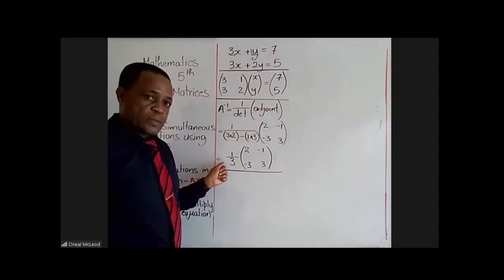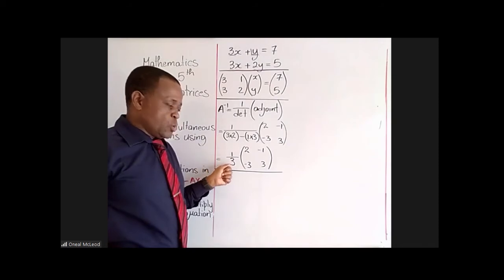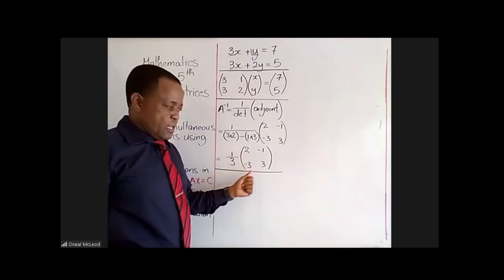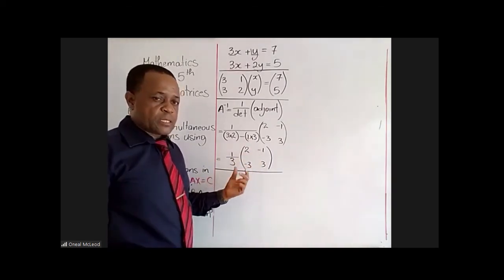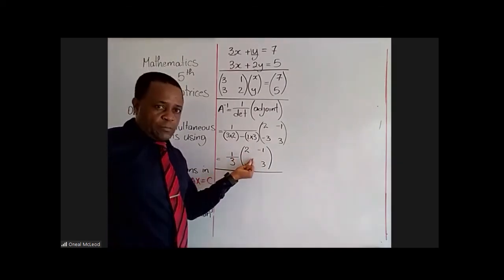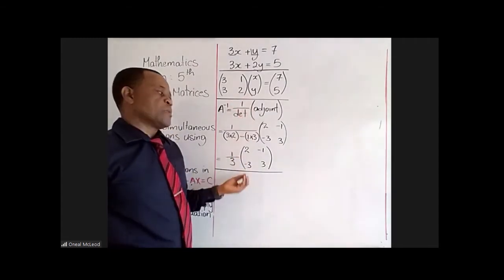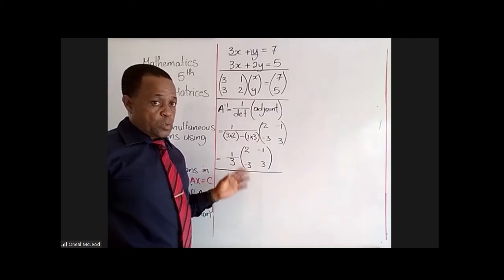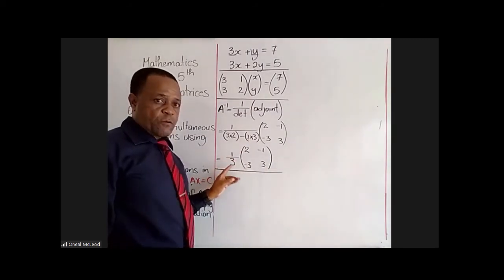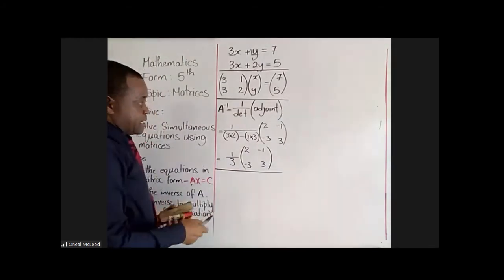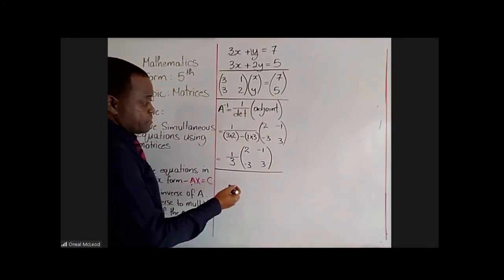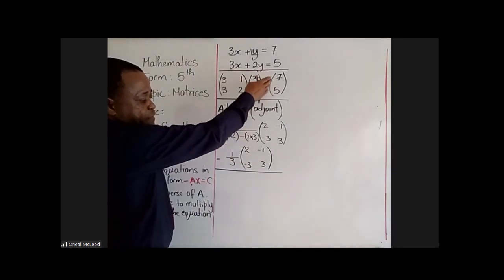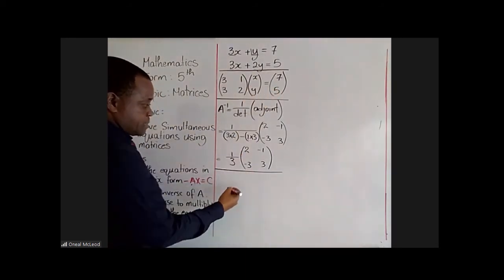If you notice, I did not use my scalar quantity to multiply each element inside the bracket, because I'm going to use this matrix to do some multiplication, and I don't want to have fractions inside there to work with just yet. So I leave it as it is right now. So in step 3, we're going to use the inverse to multiply both sides of the equation. Let's see what happens.